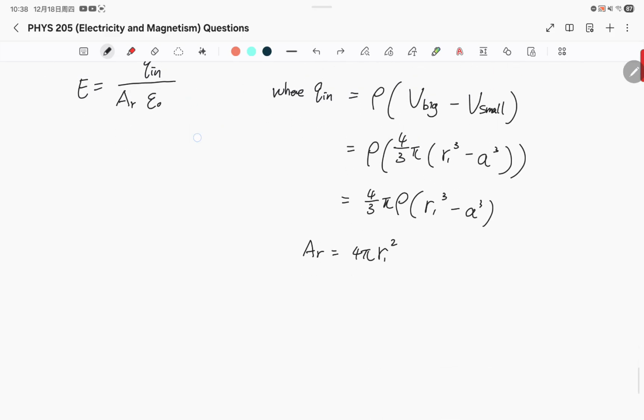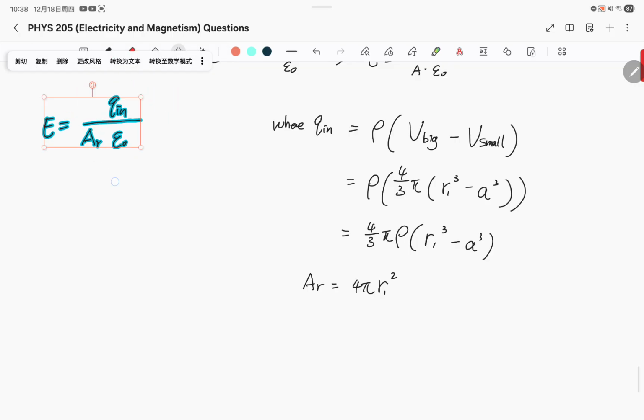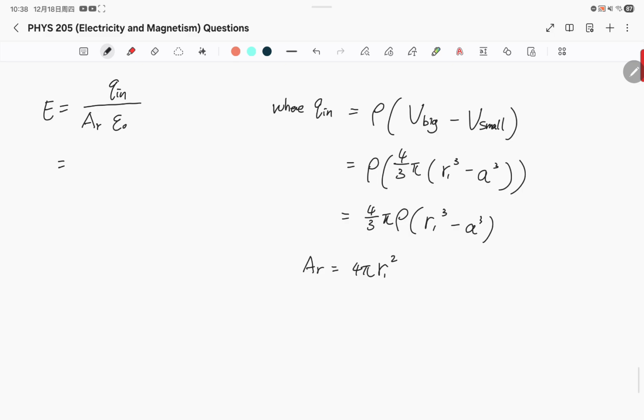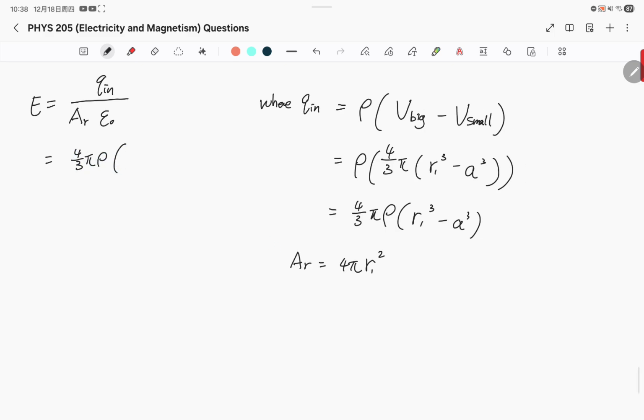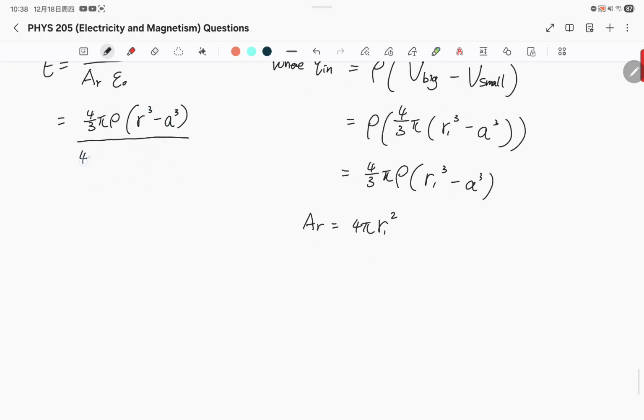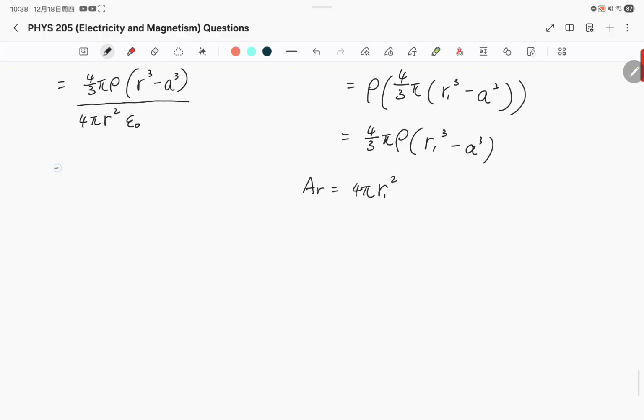So our E is equal to Q enclosed, that much, divided by area times epsilon naught. We can cancel out some terms, simplify this, and in the end we are left with rho.